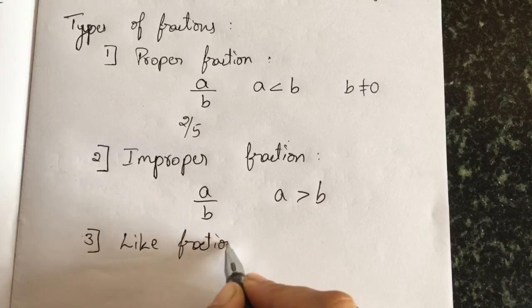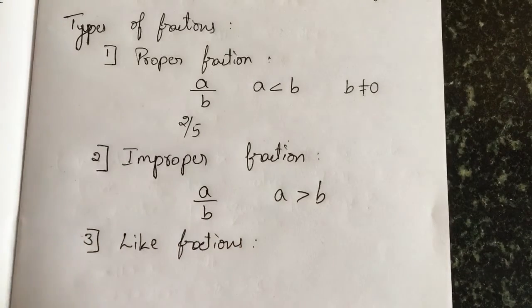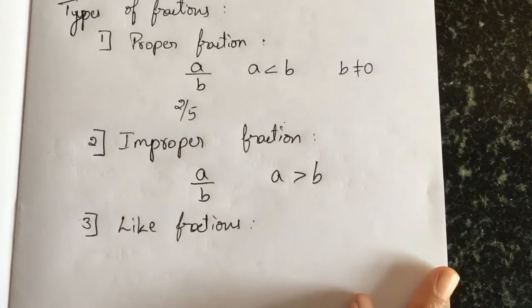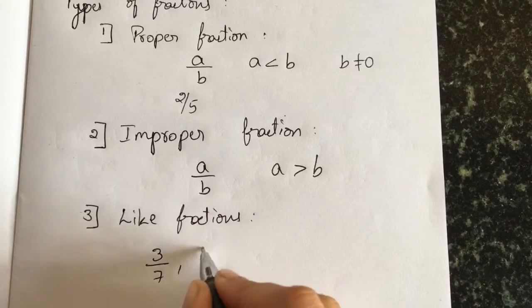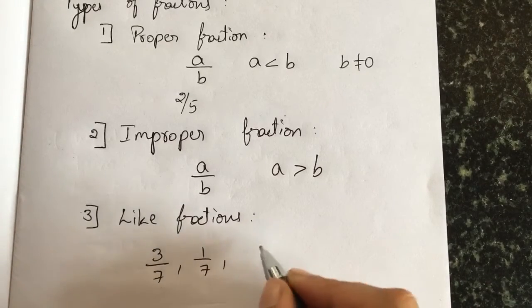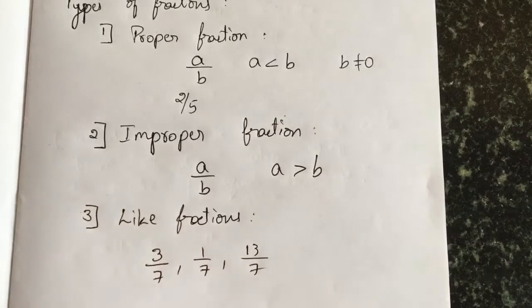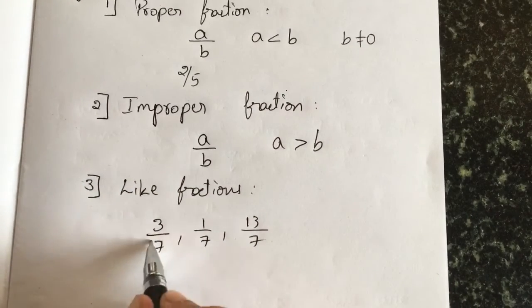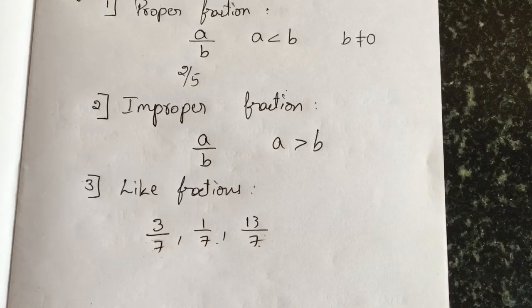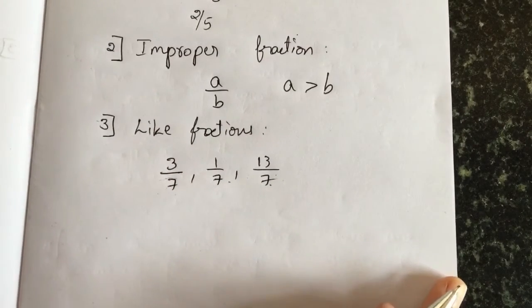These are fractions that have the same denominators, like say 3 by 7, 1 by 7, 13 by 7. If I write it like this, then these fractions have the same denominator, so we call them like fractions.